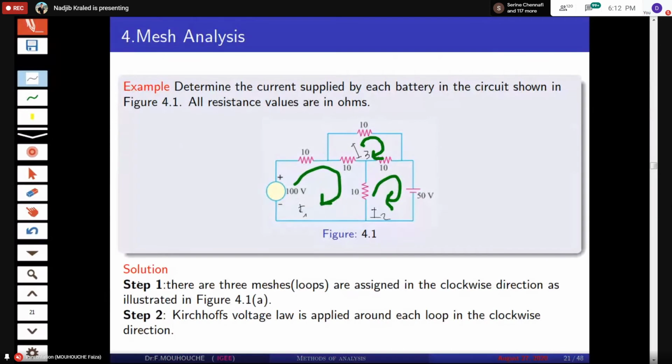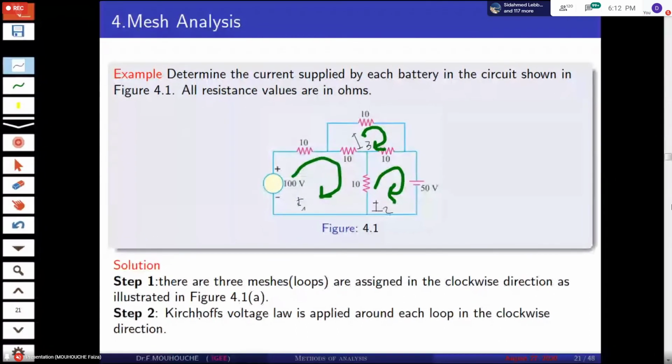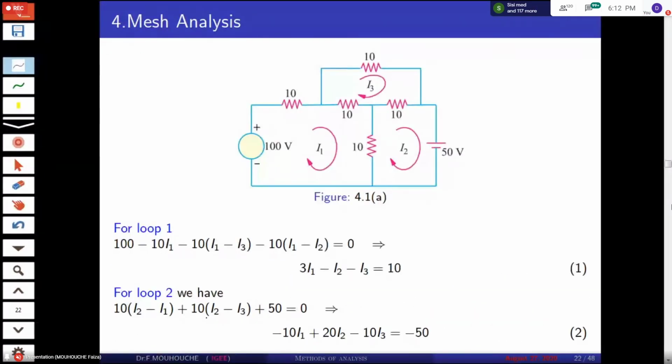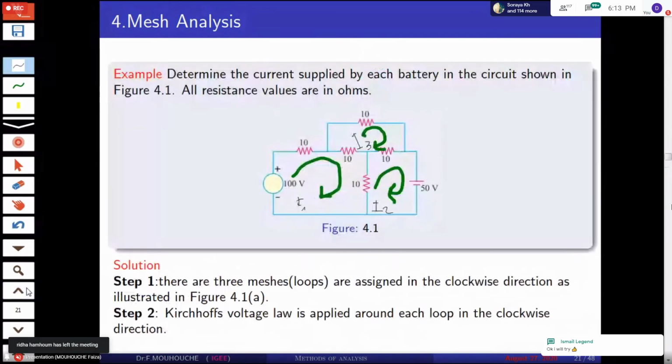The first step: the 3 meshes or loops are assigned in the clockwise direction as illustrated in this figure. Here we have I1, I2, I3. Now we try to solve for I1, I2, and I3.